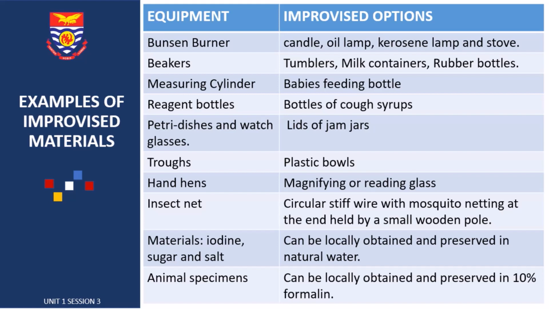Some materials can be locally obtained and preserved in natural waters. Animal specimens can be locally obtained and preserved in 10% formalin. When you prepare formalin, you can preserve some in your lab. So these are some available materials.